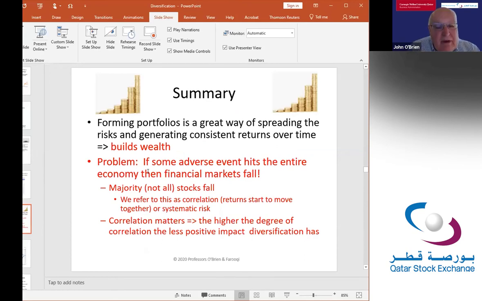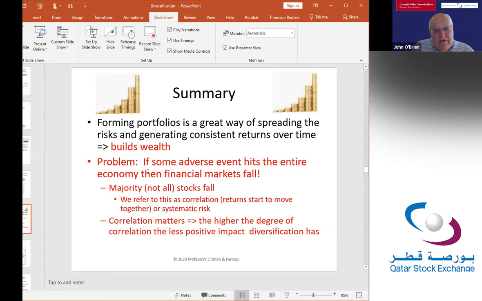Okay, so what happens if the adverse event or the adverse news item hits the entire market? Well, now we observe that the majority of stocks fall. It may not be all, but the majority of stocks fall. And we refer to this as correlation, that returns start to move together.